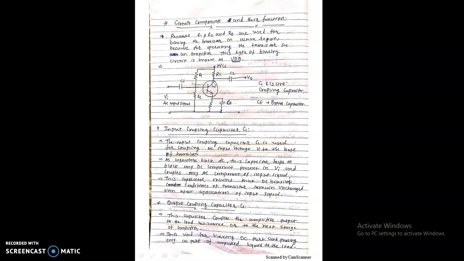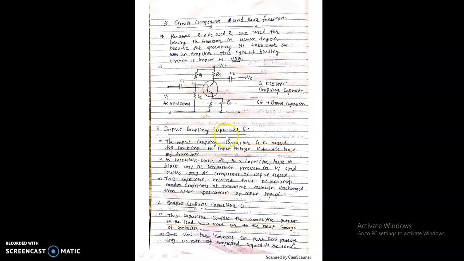These, that you have already learned in the last chapter, chapter number 2, are biasing resistances, because for operating the transistor we have to use the active region. From the figure you can see this is a voltage divider biasing circuit. So one by one we will learn the different components and their functions.